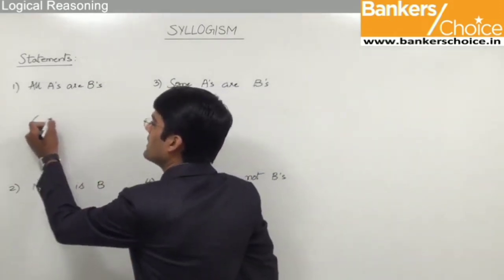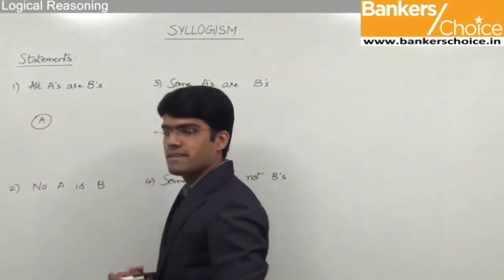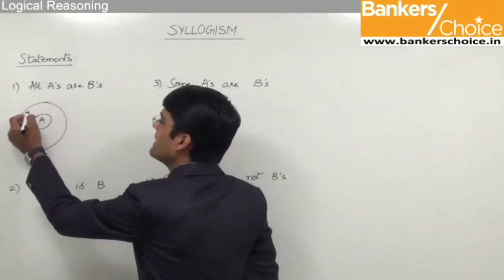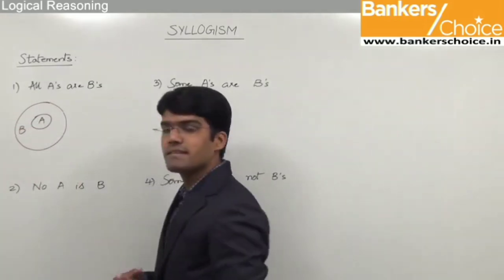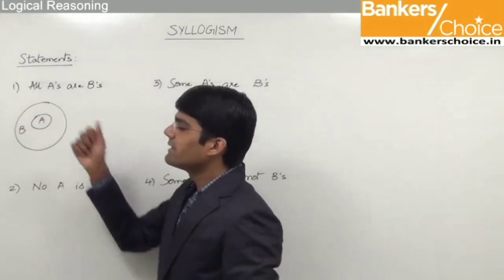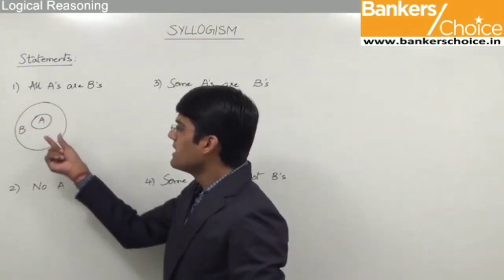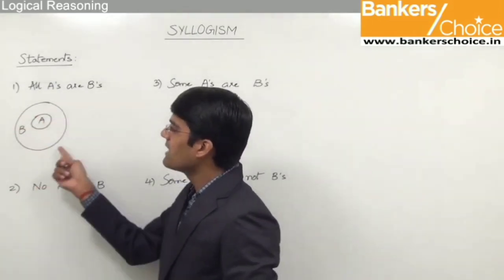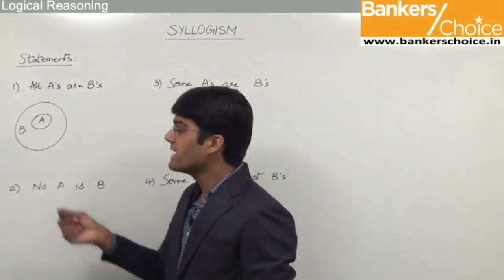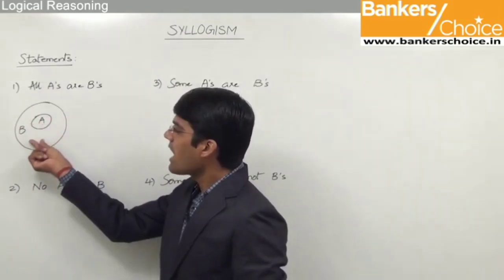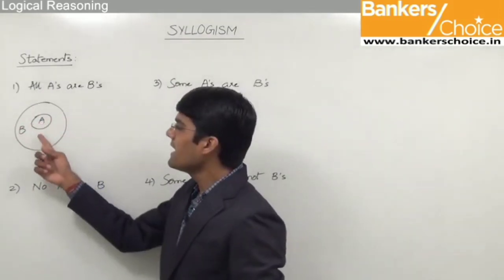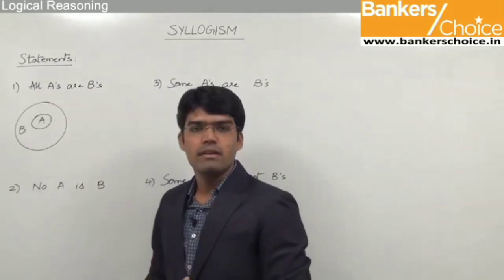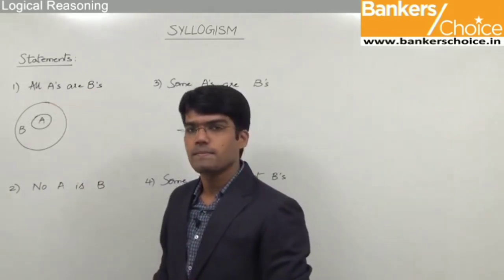Let us assume the smaller circle here represents the set A. Now if this smaller circle is taken completely inside the larger circle, that is B, we are following the given statement. If you see here, the smaller circle which is A is completely within the larger circle B. So we can say that all the A's are B's, or every A is B. So this is the basic diagram for the statement all A's are B's.